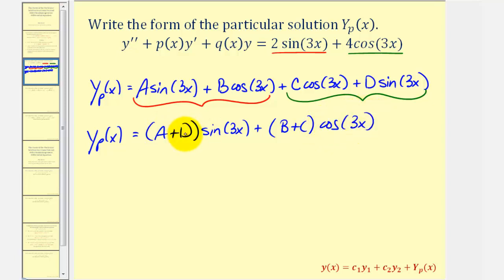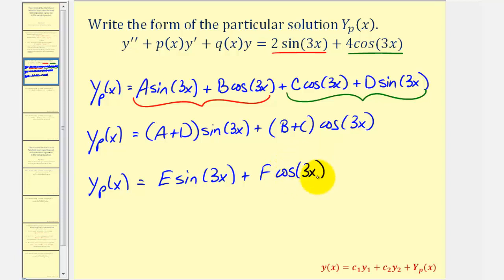Well, notice that a plus d is just another constant, and so is b plus c. So let's go ahead and write this as big Y sub p of x equals, we left off with d, so let's say e sine 3x plus f cosine 3x. This would be the form of the particular solution for the given differential equation.